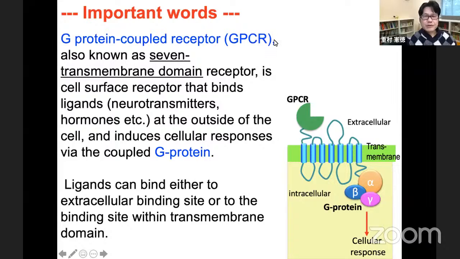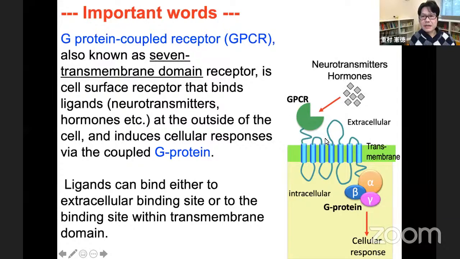A G protein coupled receptor, GPCR, also known as the 7 transmembrane domain receptor, is a cell surface receptor that binds ligands such as neurotransmitters and hormones at the outside of the cell and induces cellular responses via coupled G protein.